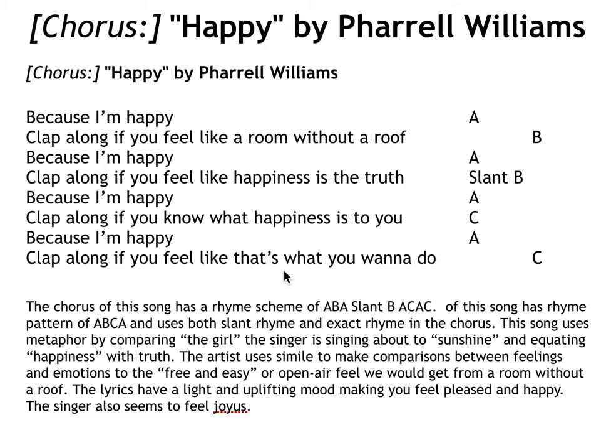The rhyme pattern for the 8 lines is A, B, a slant B, right? Because roof and truth don't exactly rhyme unless we say truth like troof with a PH sound. Happy, A. You is C, that's new, and then happy again, A, and it ends with do, C, that rhymes with you. So that's your assignment for today in Schoology.